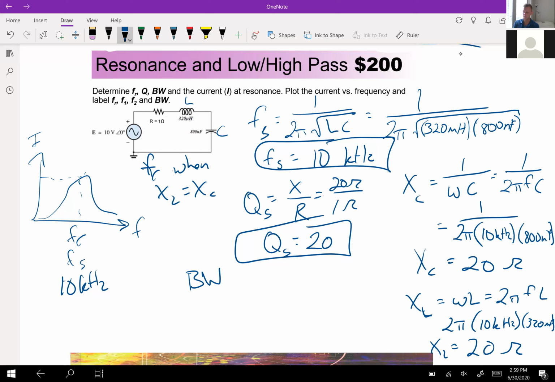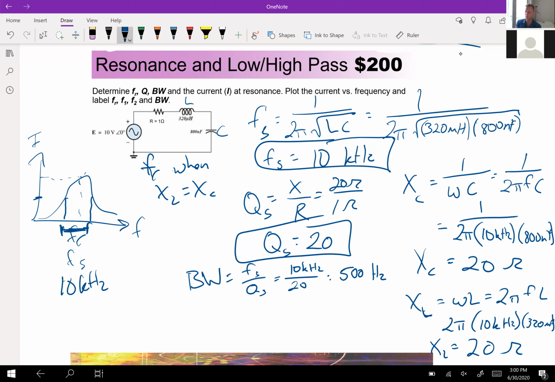Bandwidth on the equation sheet says Fs over QS, 10 kilohertz over 20, and the bandwidth is 500 hertz. The bandwidth being where it's allowed to go through. Here's the bandwidth, there's the width right there.